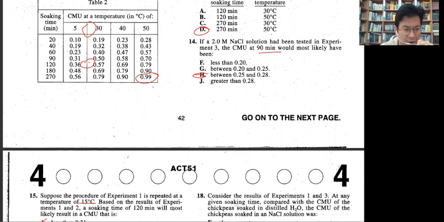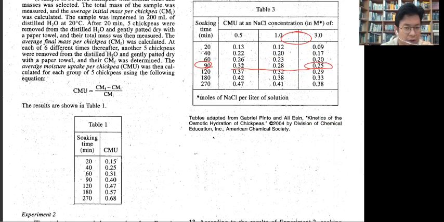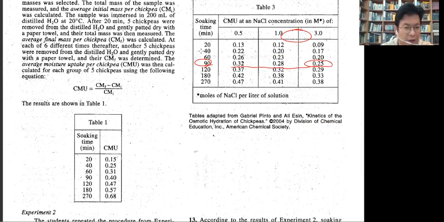So 15 is right in the middle. If you add it up and divide by 2, 80, 90, 93 divided by 2, 46. So it's supposed to be C. Okay.